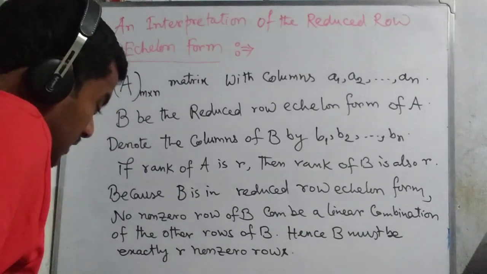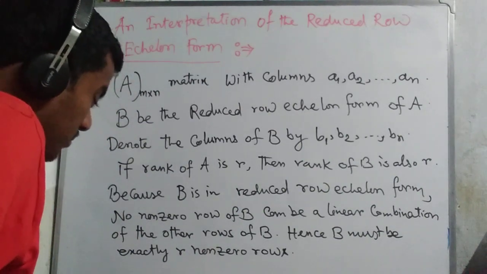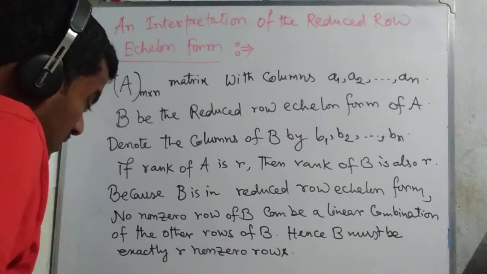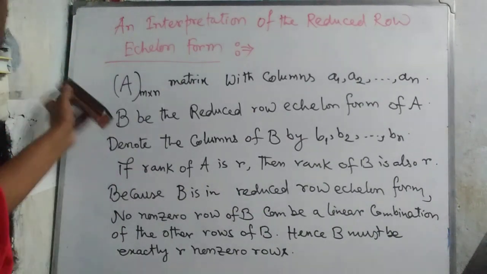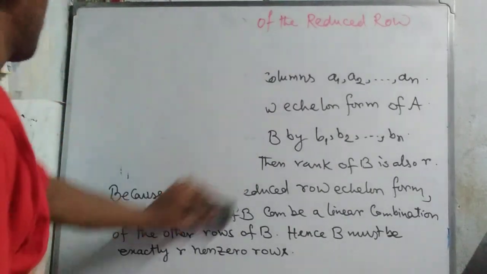If R is greater than 0, then the vectors must occur among the columns of B. We erase this portion and go to further discussion of that.